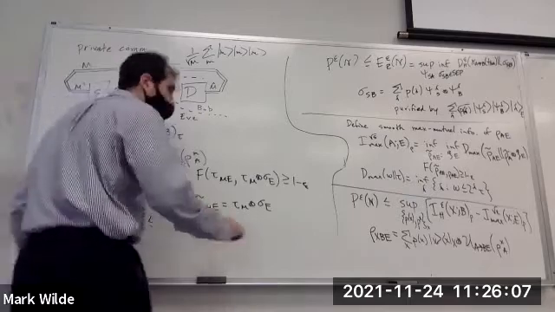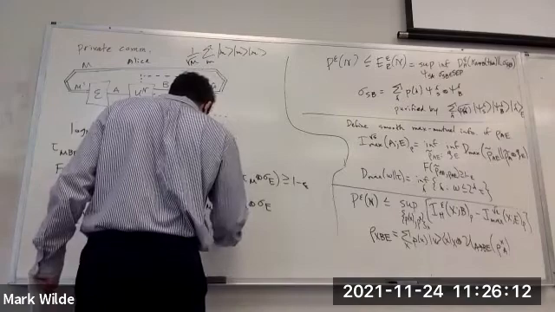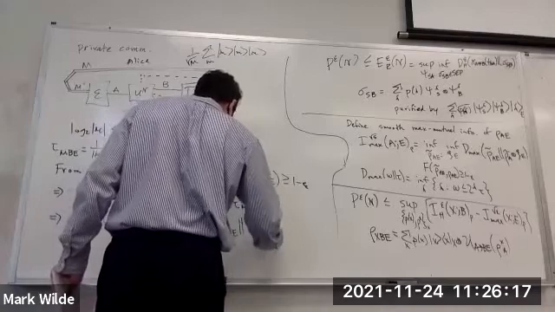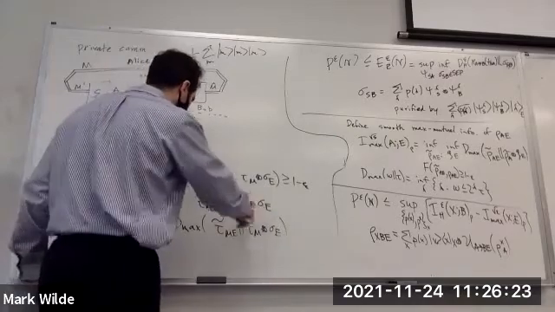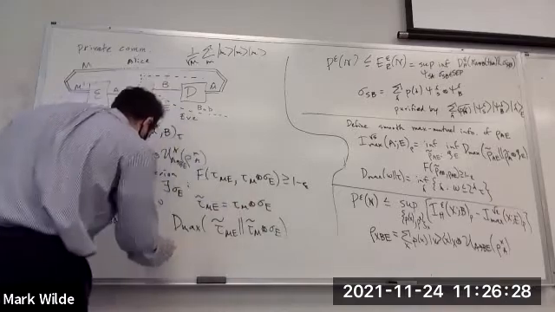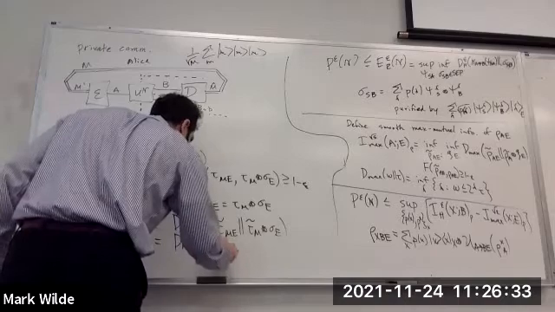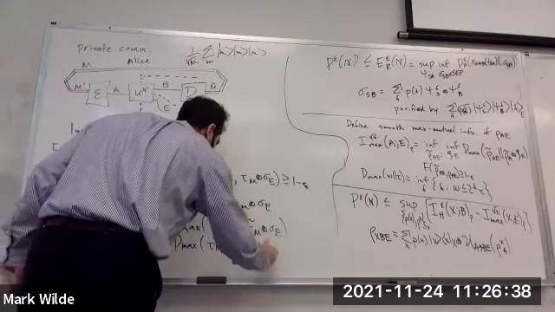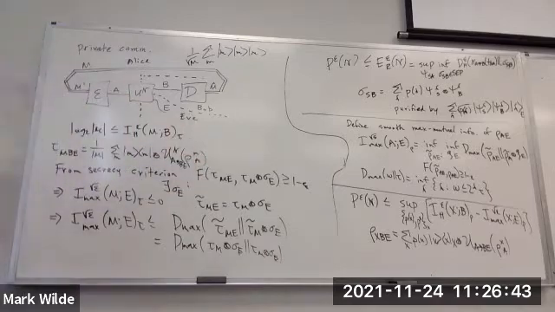You just plug it into the definition: D max of tau tilde MB to tau tilde M tensor E. Tau tilde M is the marginal of this state, tracing over E. So we plug in and get D max of tau M tensor sigma E to tau M tensor sigma E. Now the states that are the arguments to the relative entropy are the same, and that's 0.